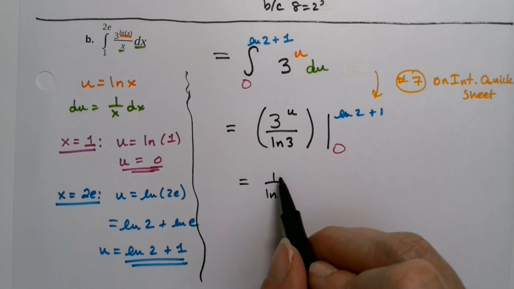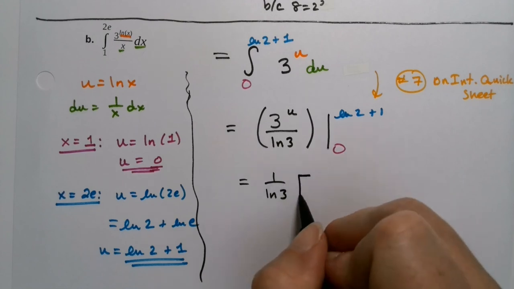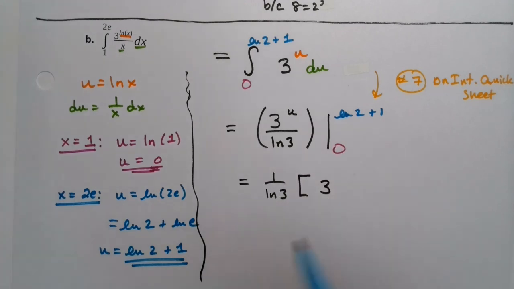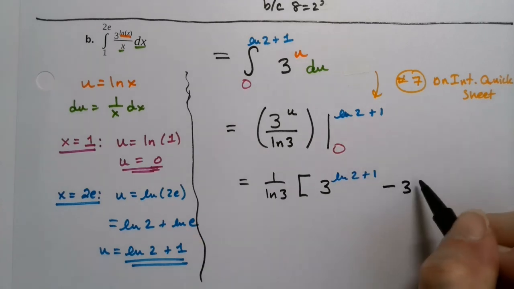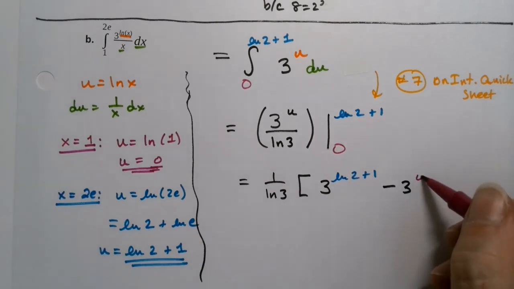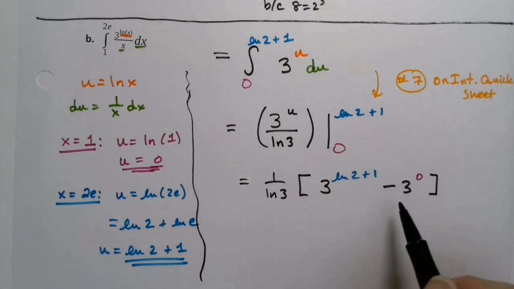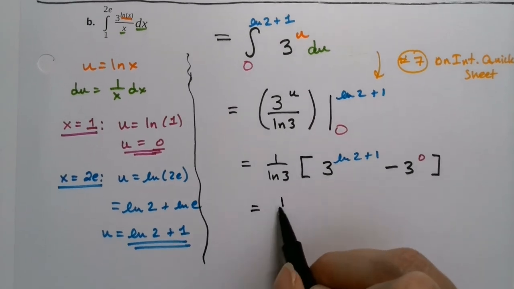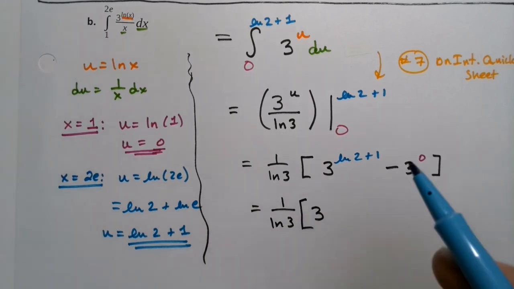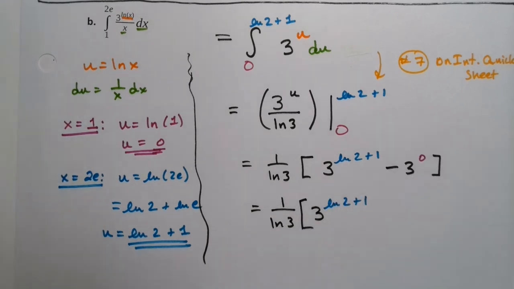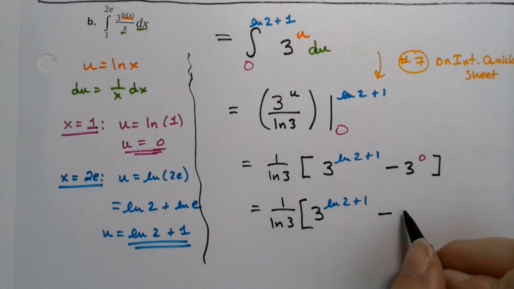All right, so 1 over the natural log of 3, and then it's 3 to the natural log of 2 plus 1 minus 3 to the 0. 3 to the 0 is 1. So this is 1 over the natural log of 3 times 3 to the natural log of 2 plus 1 minus 1.